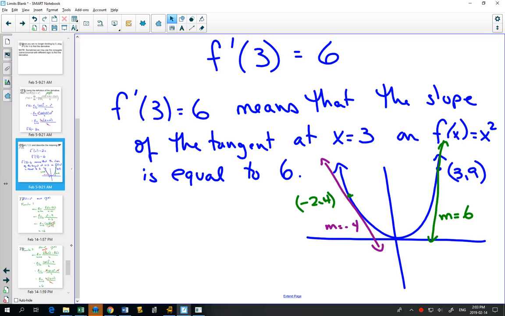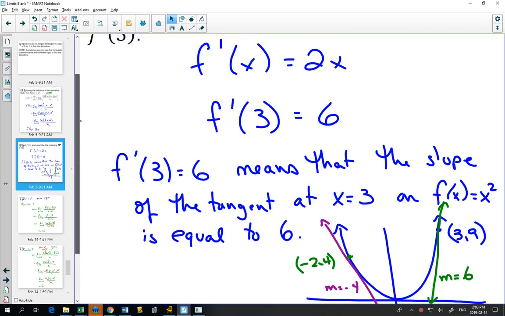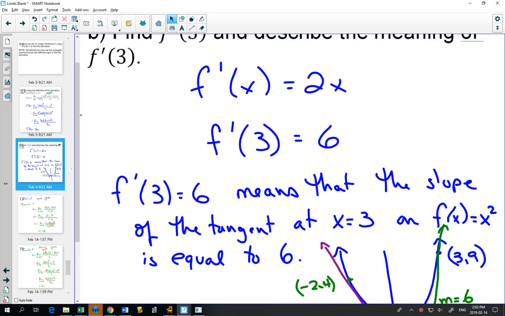I can find it at 3 just by plugging in 3, I get 6. But if I wanted to find it at -2 with formula 1 or formula 2, I'd have to do the whole process again with different numbers. The definition just says you do it once, you get your formula for all the slopes.